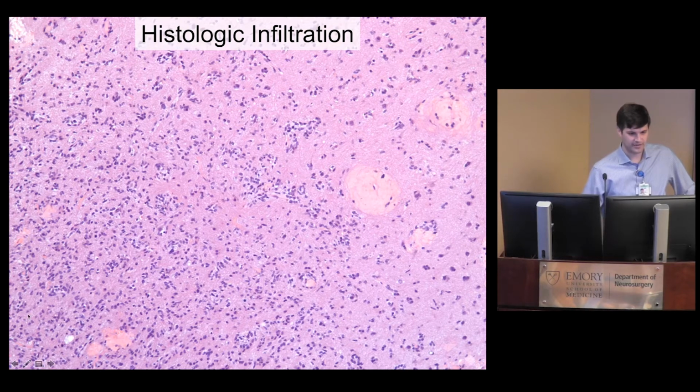And then there's a gradient of cellularity from the bottom left-hand corner of this picture up towards the top right-hand corner. So more cellularity down here, less cellularity up here. But in general, that gradient is caused by individual cells going in a general direction from the center of the tumor out away from the tumor.